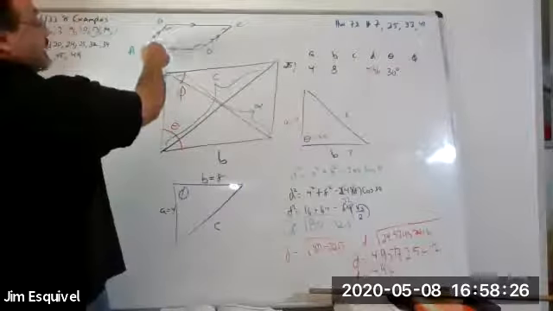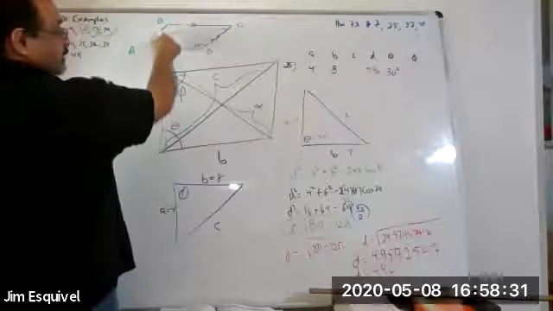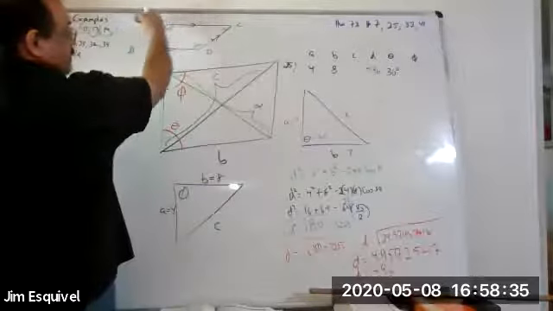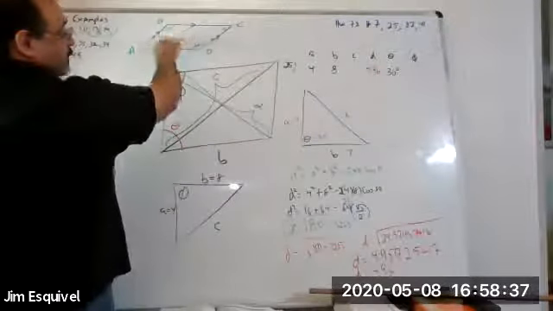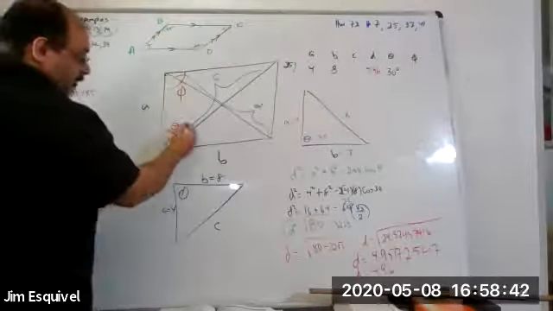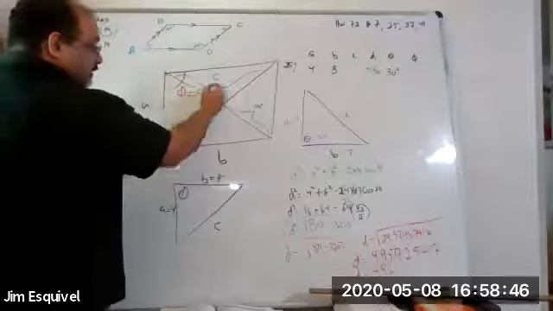Exactly. Same side interior angles are supplementary. If two angles are on the same side of the transversal of parallel lines, then those two angles must be supplementary. That's 180. So therefore, when theta is 30 degrees, phi is 150 degrees.